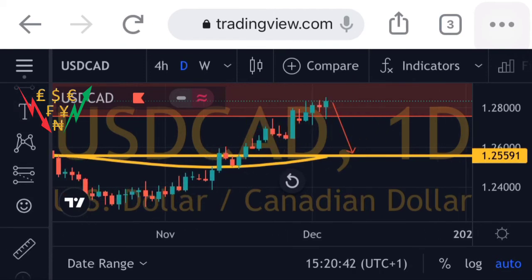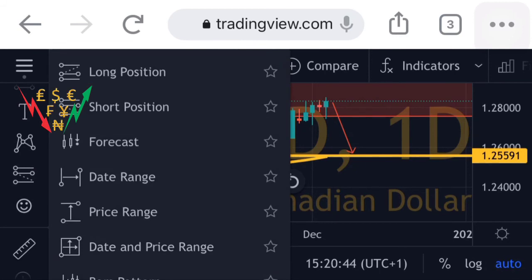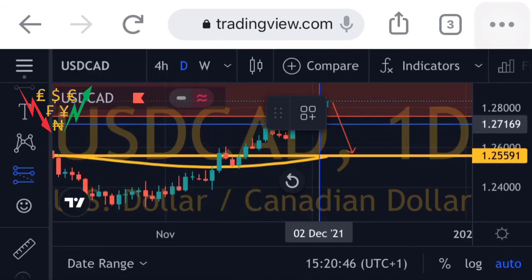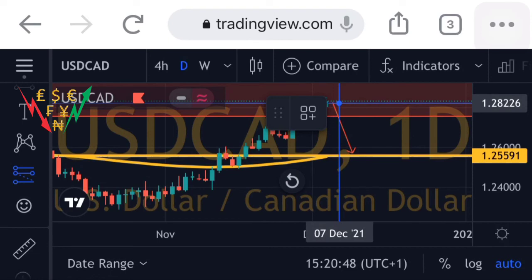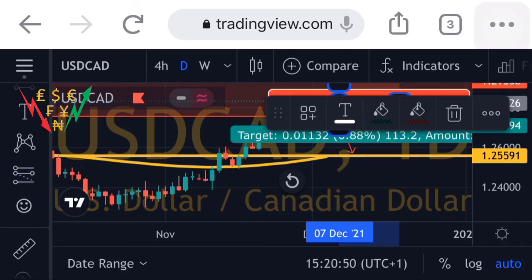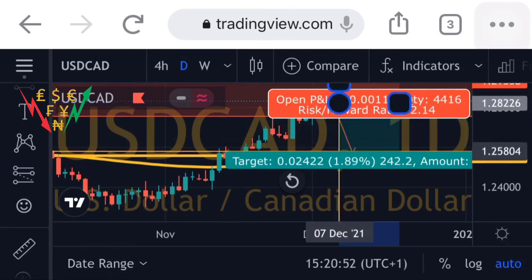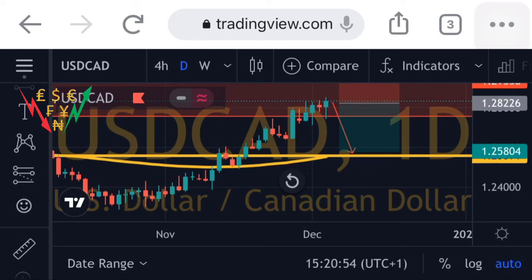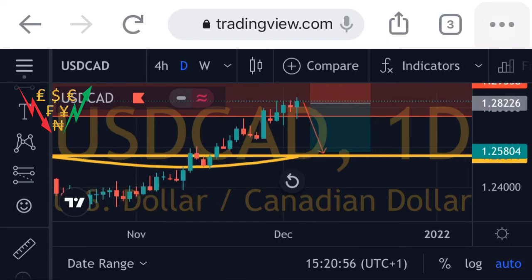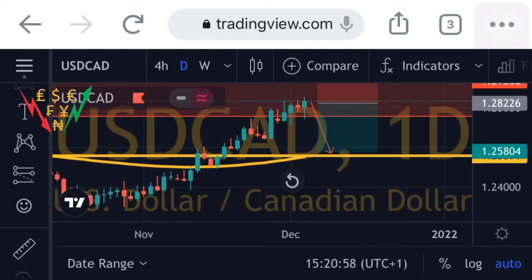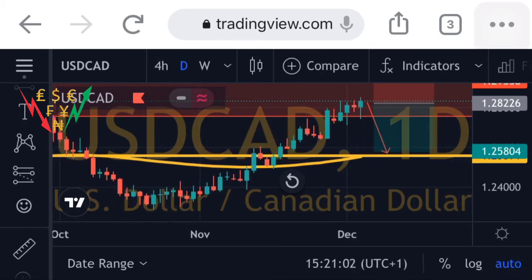Okay, so we want to add our short position. This is approximately what we have. We have our stop loss up here and our take profit here. But remember guys, this is the condition.